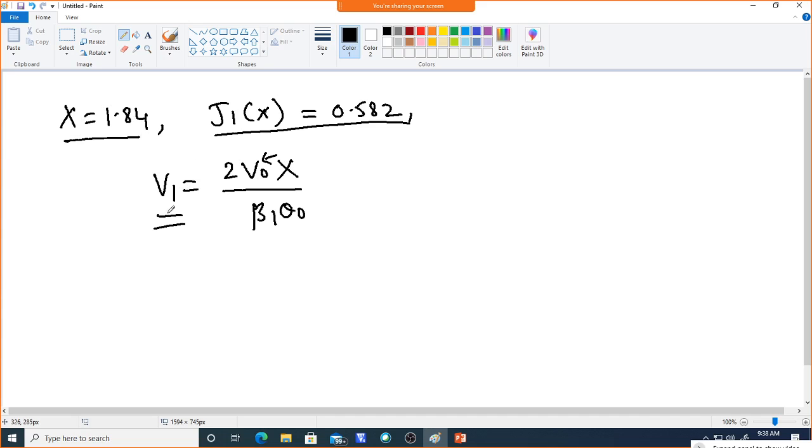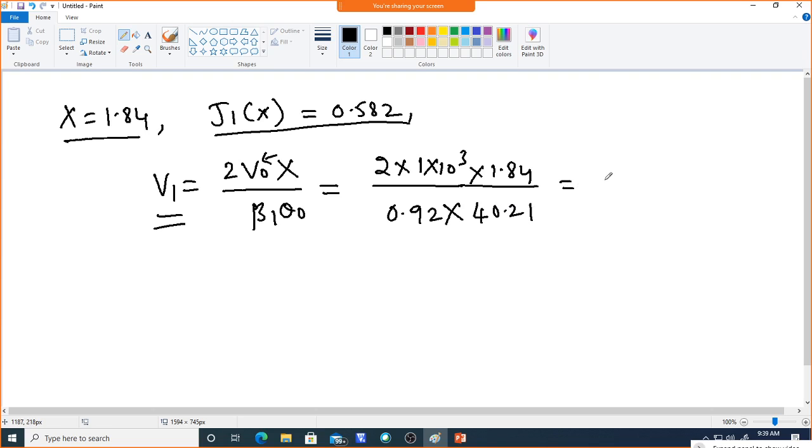So 2 into V naught, which is given as 1 kilovolt, 1 into 10 power 3, into 1.84, divided by beta 1, the coupling coefficient 0.92, into theta naught, 40.21. So V1 comes to 91.47 volts.